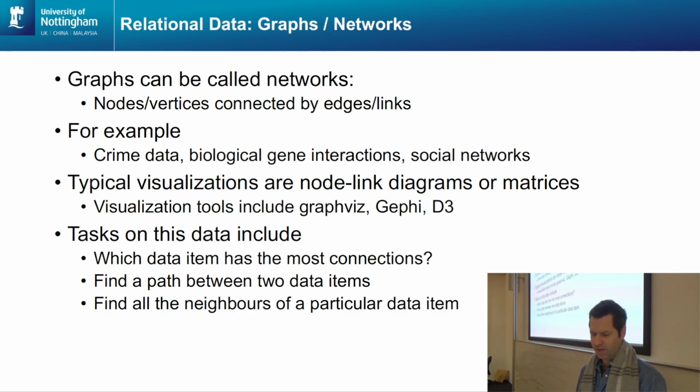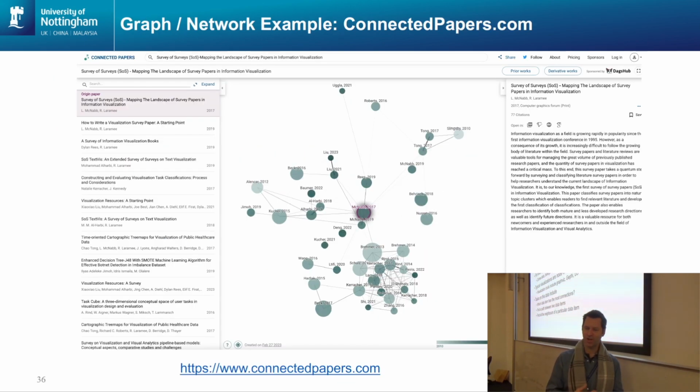I think everybody has seen graphs before. Well, I know that you've all seen graphs before. Does everybody remember where we saw graphs before? Can anybody remember? We saw them on Friday from connectedpapers.com. Remember that exercise last Friday?